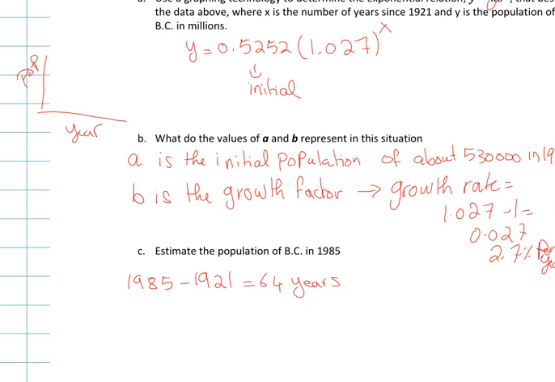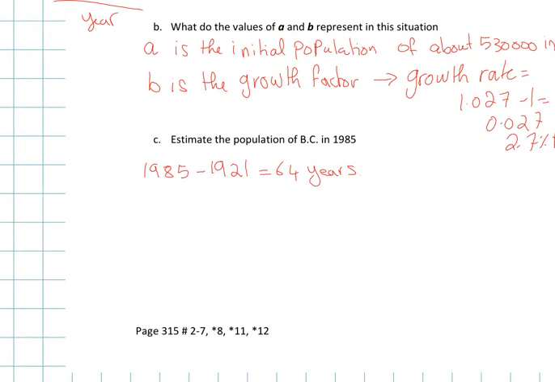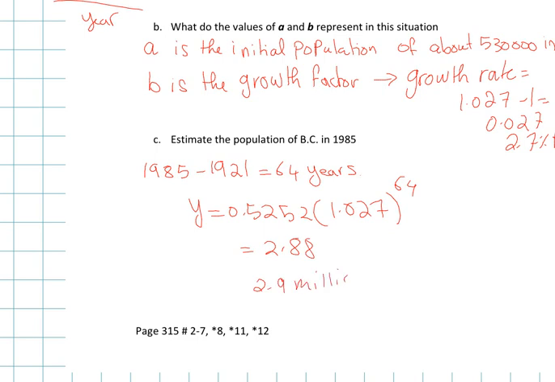So you plug it in for x, and you should be getting about 2.88 or about 2.9 million in 1985.